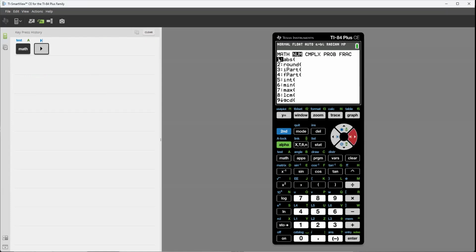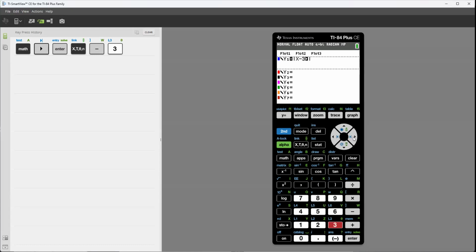And y'all look, number 1, ABS. That stands for absolute value. So hit enter. It's going to pull up the 2 bars up there. And you'd put in x minus 3. And then I'm just going to arrow out of that. Okay, so absolute value, math, arrow right, highlight num, and it's the first choice you got.